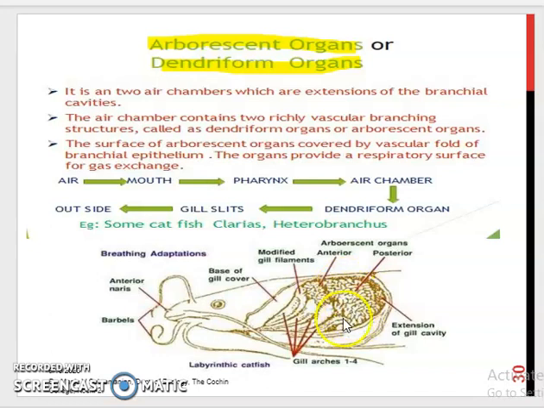It is also called a dendriform organ, and on each side you can see a labyrinthine organ. This is a picture showing one side of the organ, and it is formed from the second and the fourth branchial arches.